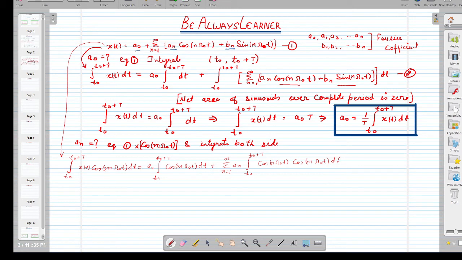That is dt, plus the term summation n is equal to 1 to infinity, now for bn's, integration from t naught to t naught plus T of sine of n omega naught t cos of m omega naught t dt.